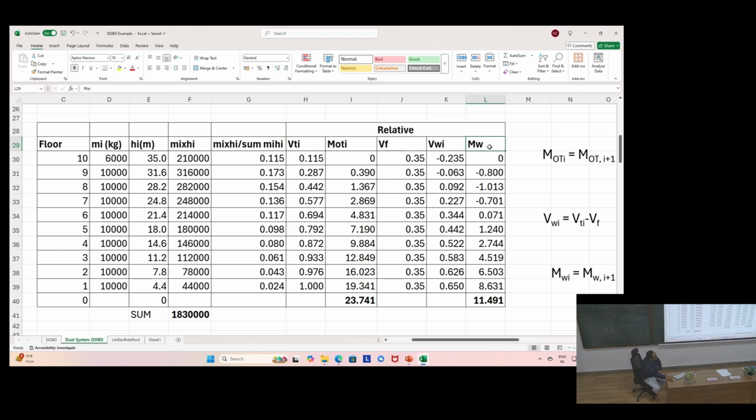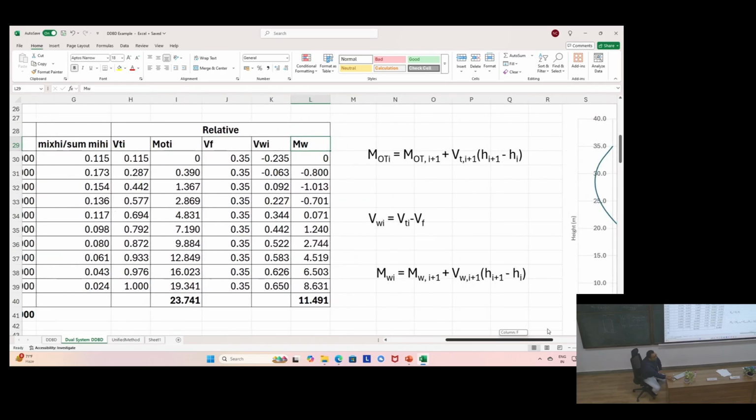And this is the moment in the wall, which is given by. Following so far? Getting a little bit complicated.